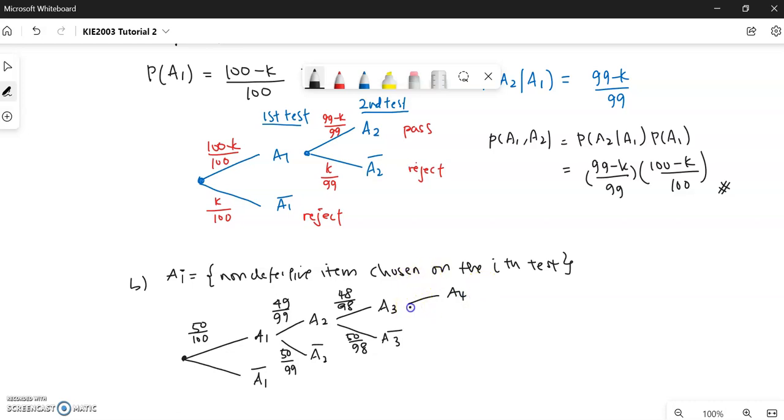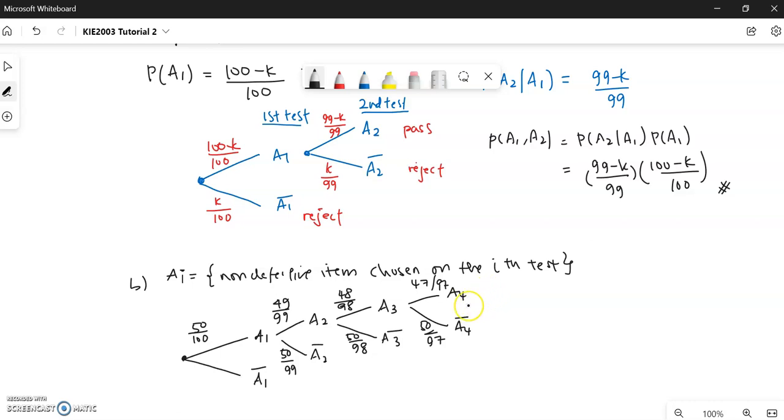A4 is 47 over 97, and this one is 50 over 97, right? So we are trying to find the M for which the probability that all non-defective items are chosen until the M-th test is less than 1%.